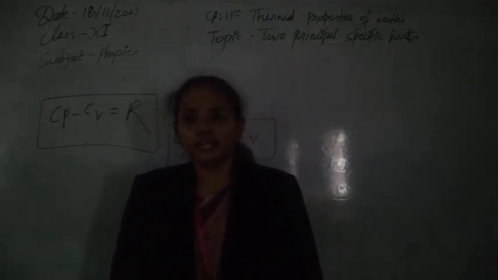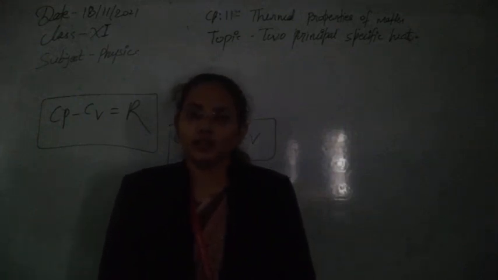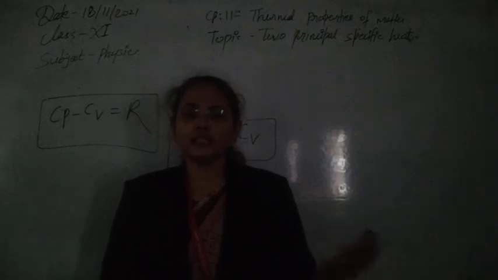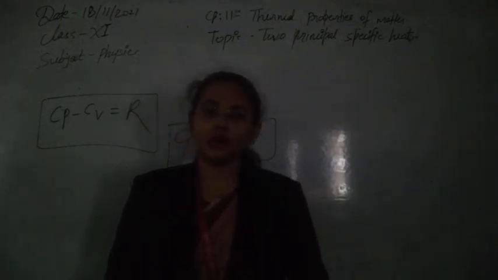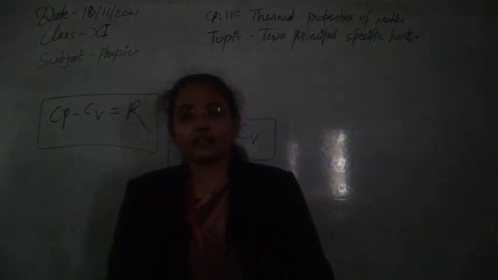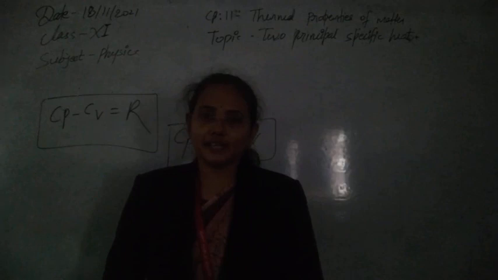Like light energy, which also carries heat with it, or the sun's energy that we can feel on earth, it comes from space without any medium. That travel of energy is known as radiation.